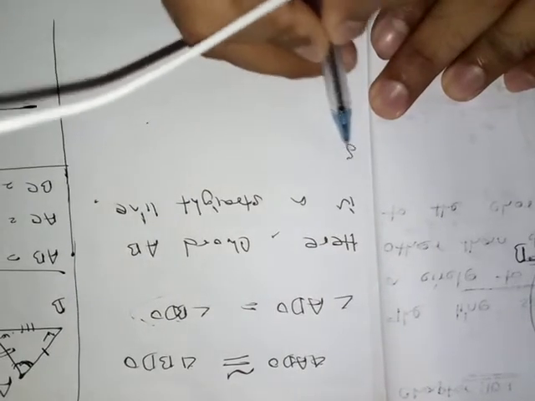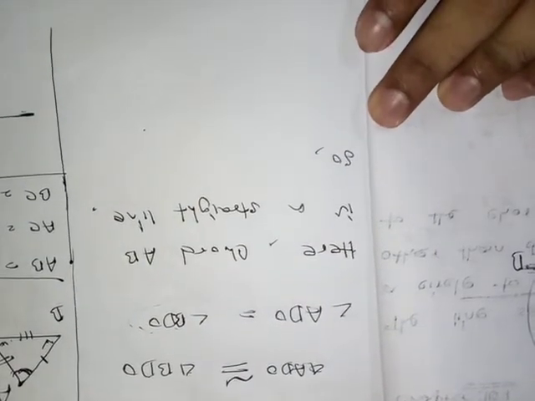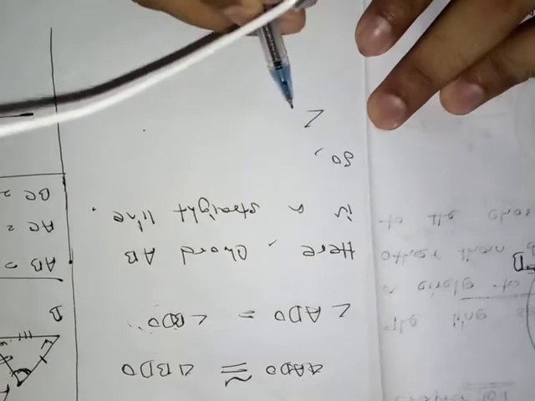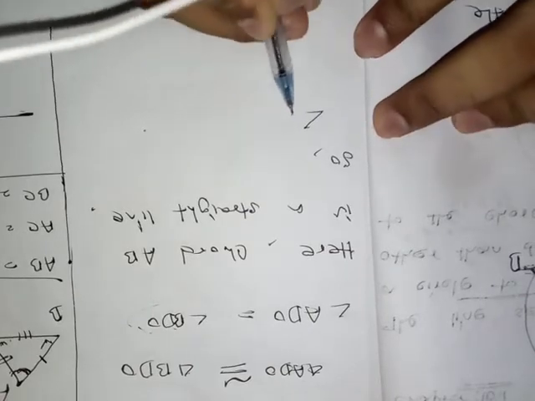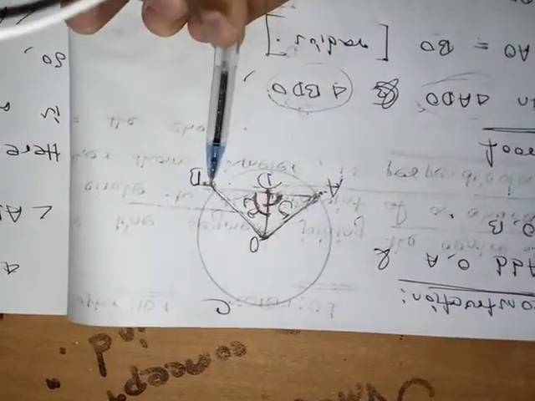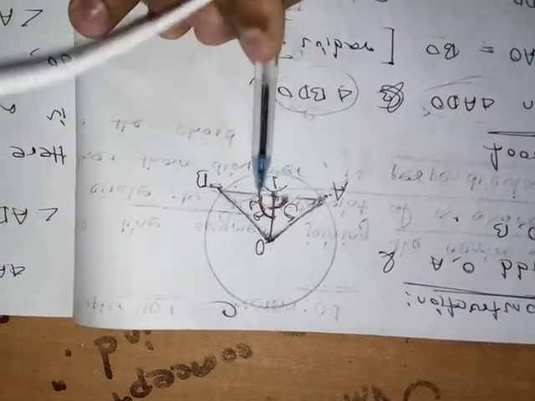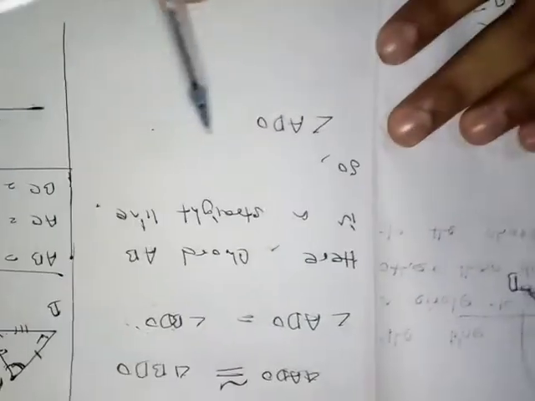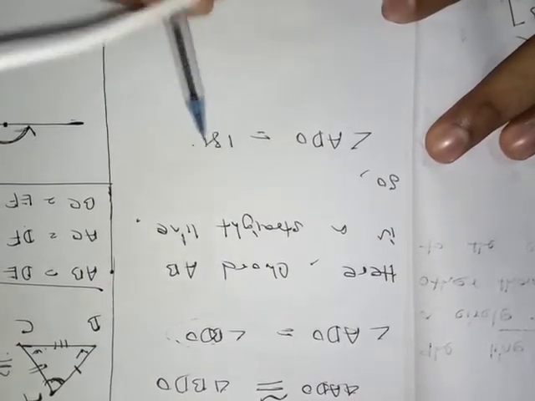So you can write angle ADO, this angle, is equal to 180 degrees.